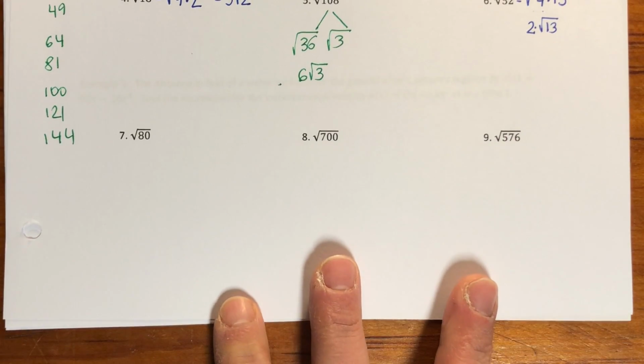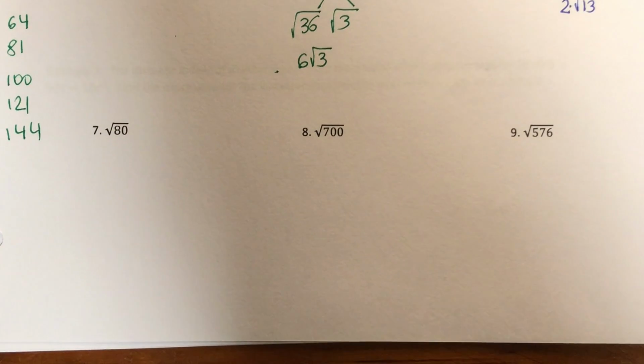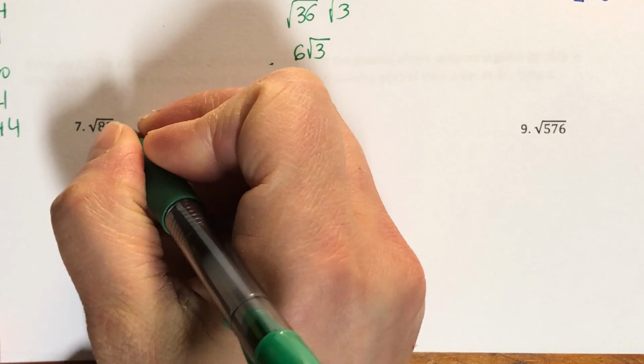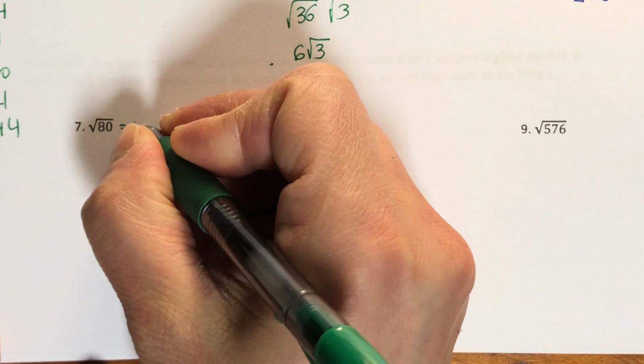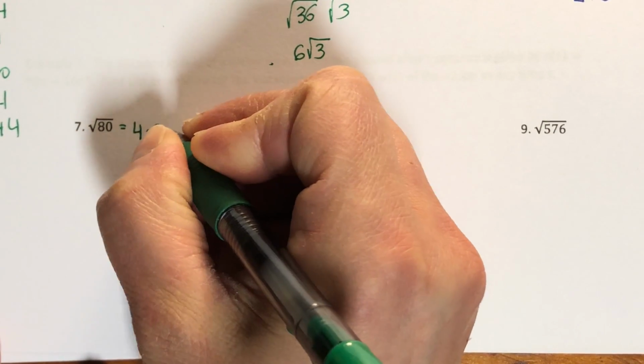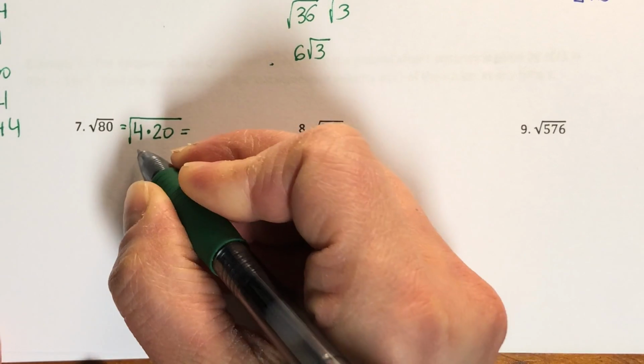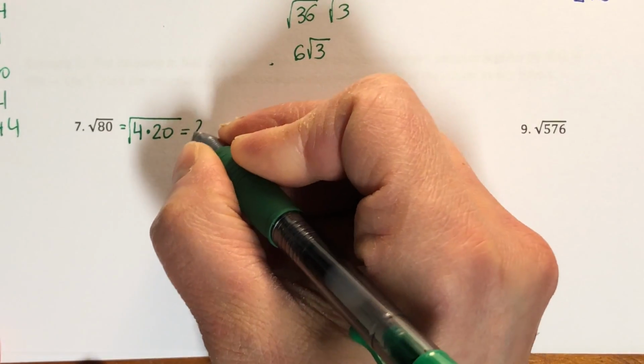And then we have the last row of the questions. 80. Well, sometimes we can't think of the highest number that would work. So I do know that 80 is equivalent to 4 times 20. And if we think about this for a second, now square root of 4 is 2.